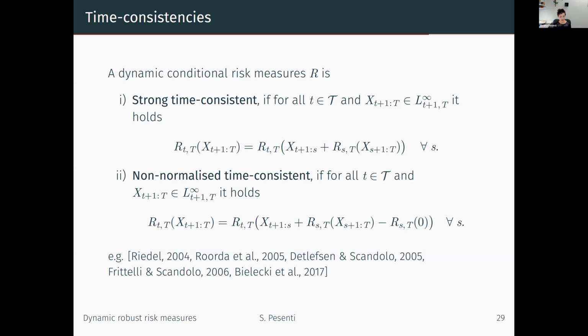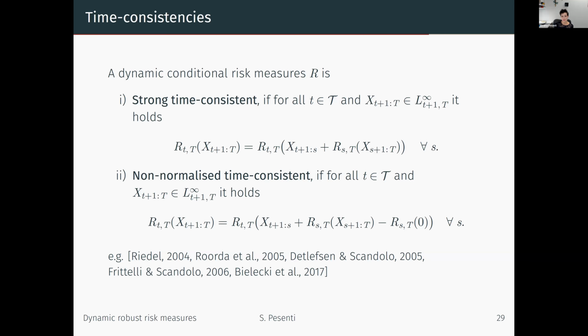Okay, so maybe I can move forwards to the second part of the dynamic risk measures, and there is the idea of time consistency. So if you look at this worst case risk measure, what we potentially want to have is a time consistent dynamic risk measure, right? Which is important if you want to do stochastic optimization or control, because then we would get a recursion.